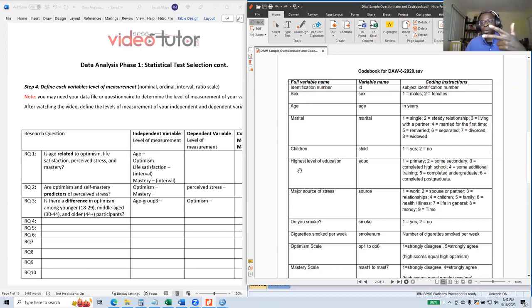It's still a label, but now the numbers represent an order of something. Does that make sense? So it's purely a label when it's nominal, but it's a label indicating some order when it's ordinal. Does that make sense?